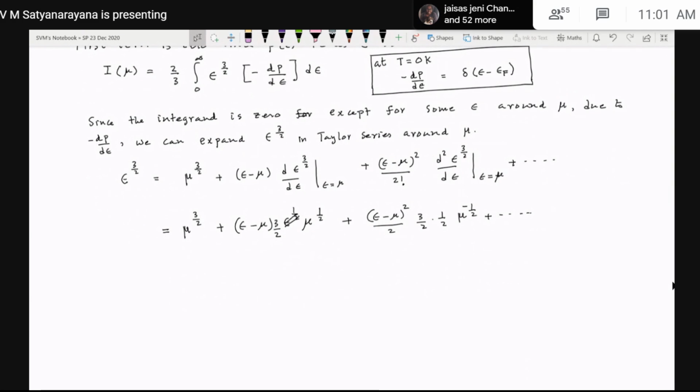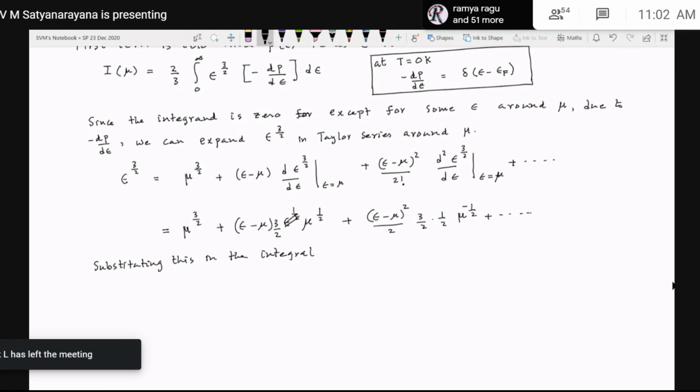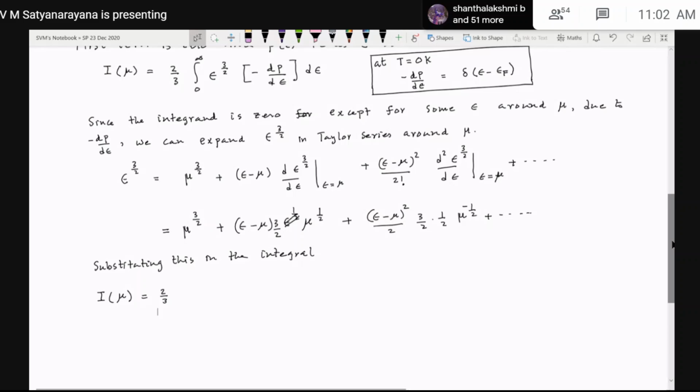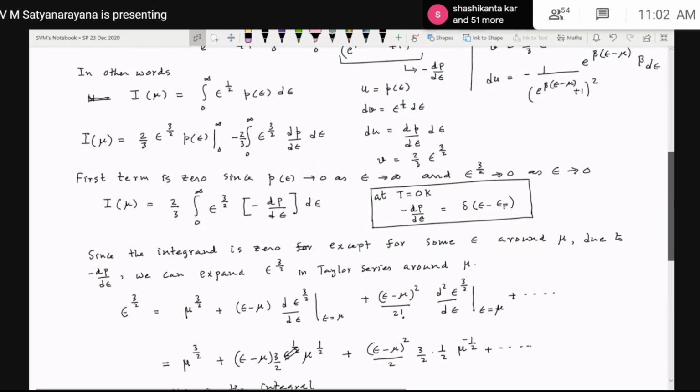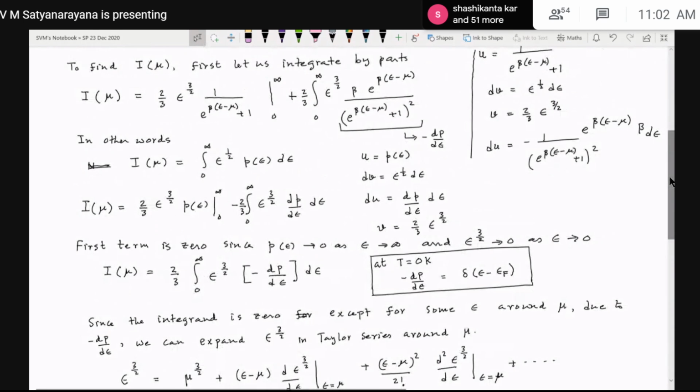So substituting this in the integral, okay, we have our I of mu is equal to 2 by 3. Okay, so let me go back and then substitute in this expression itself.